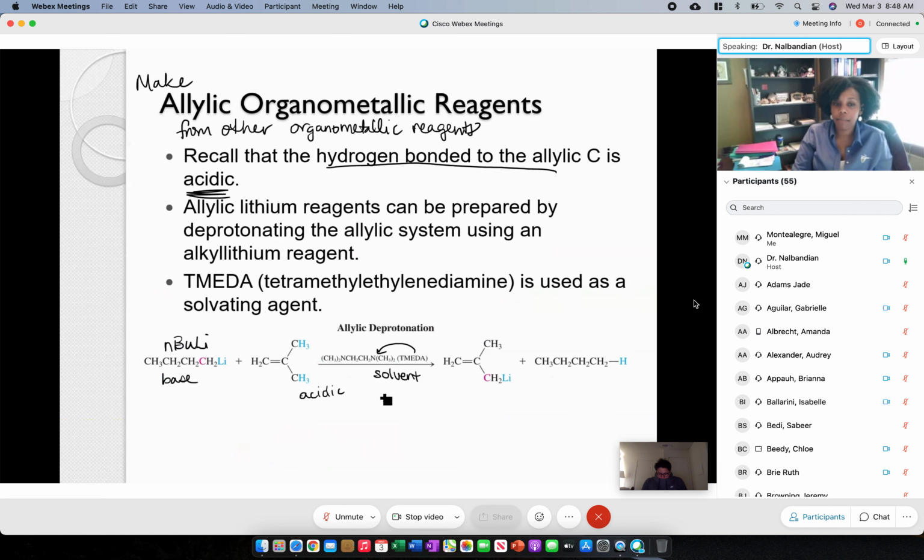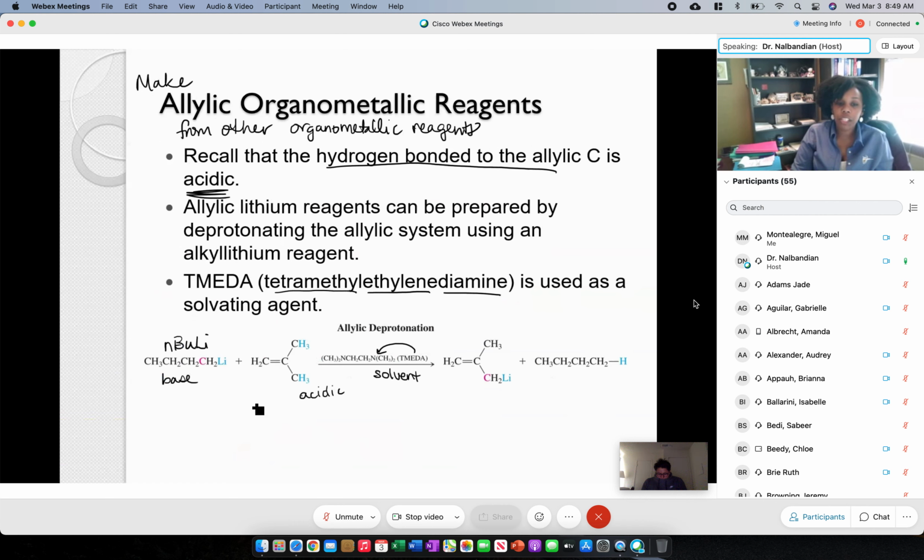This is TMEDA, tetramethylethylenediamine. So you can just write TMEDA, that suffices. But this is called a solvating agent. It's going to help everything to dissolve, and it's going to help when we have these ions.